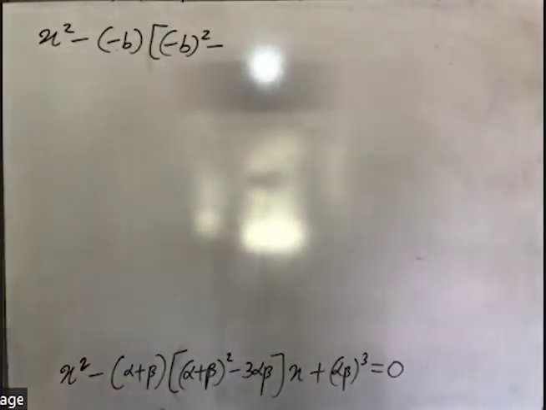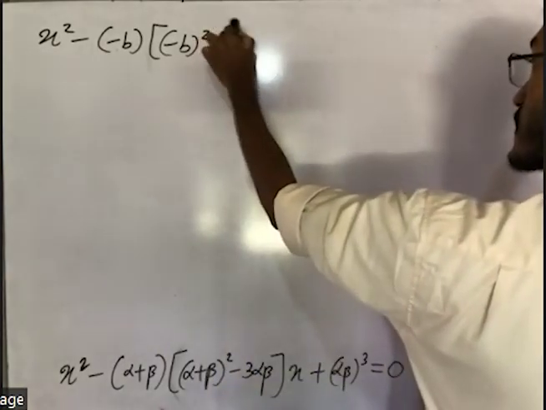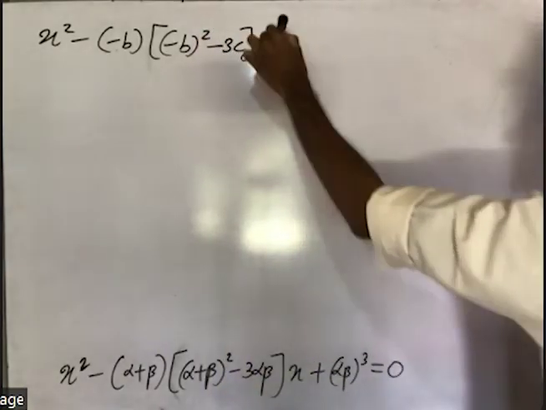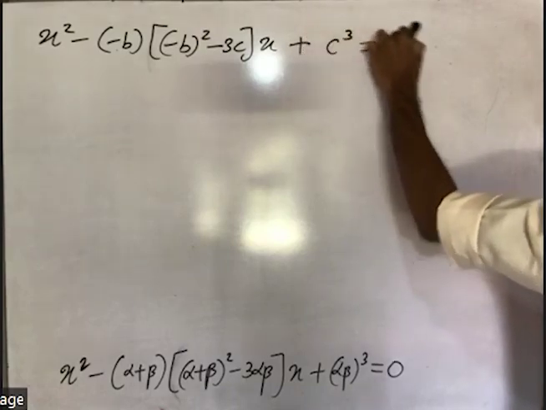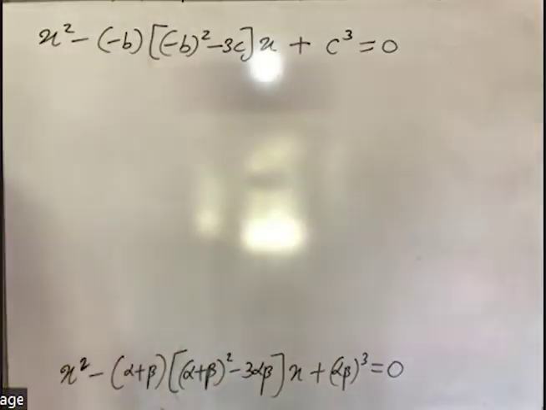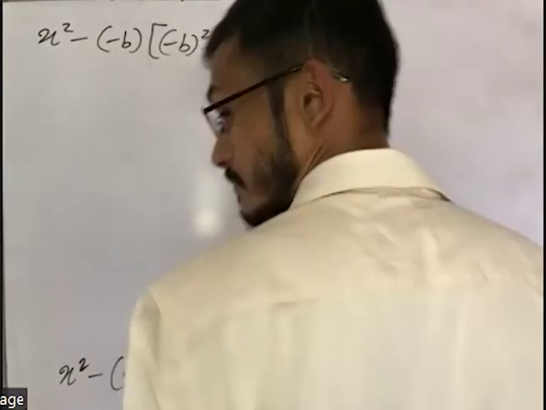Now we know that alpha beta is equal to c from the previous relation. Therefore, 3c x plus alpha beta is c. Therefore, c to the power 3 equal to 0. Right. Now let's simplify this.